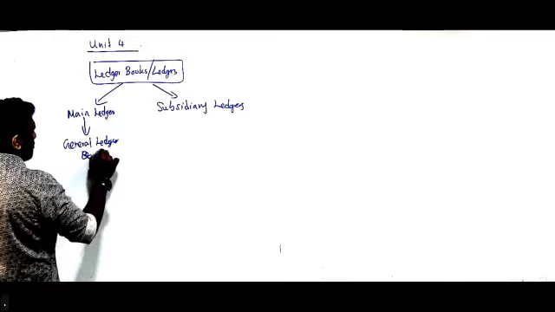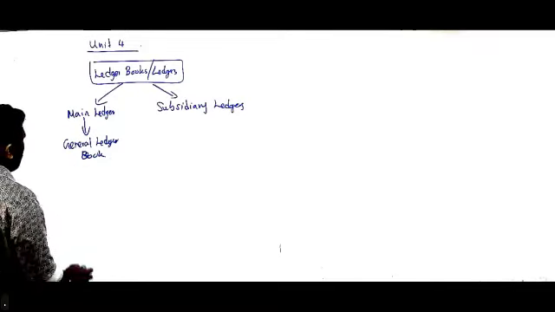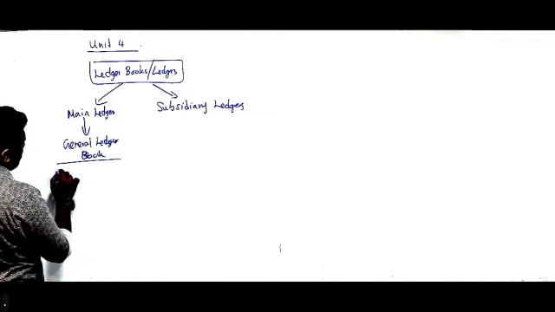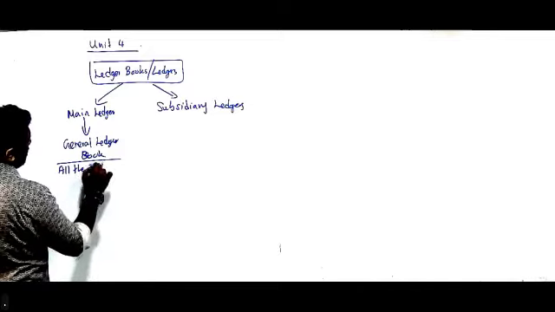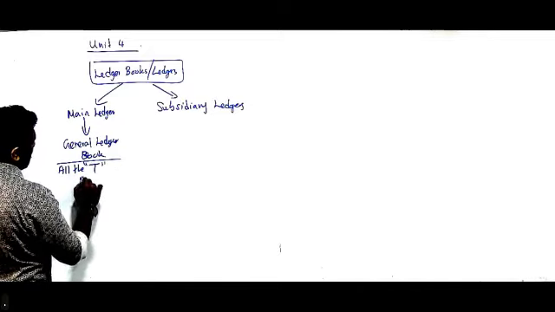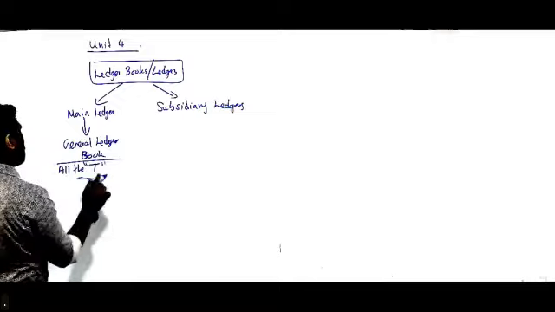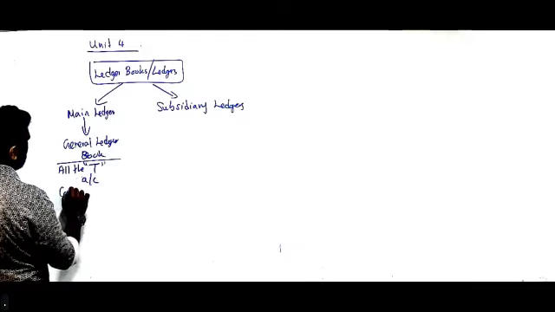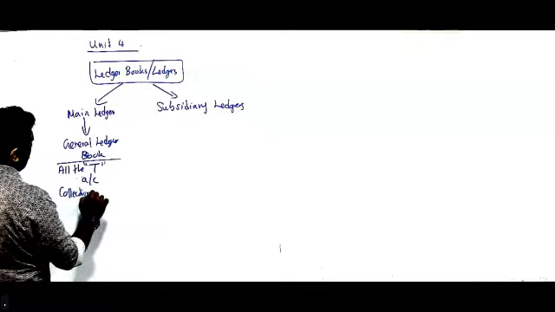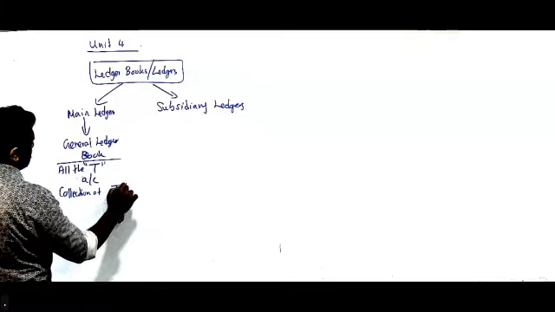In the GL book, what do you have? All the T accounts. Collection of T accounts.